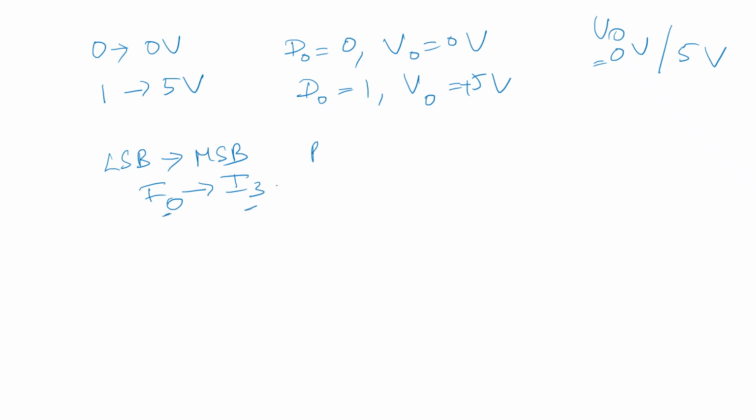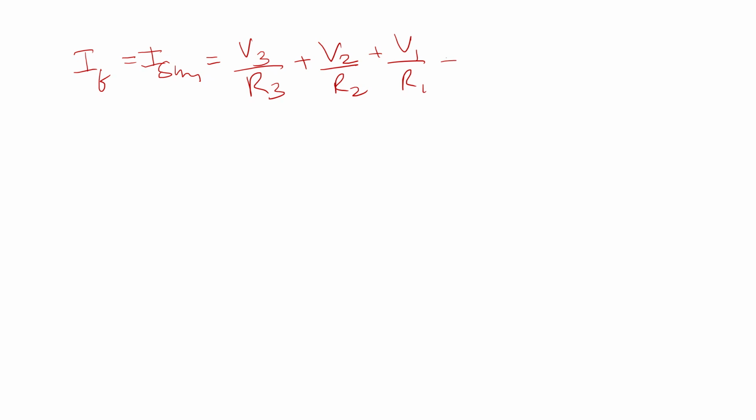To achieve this, R0 is 2 times R1, R1 is equal to 2 R2, and R2 is equal to 2 R3. Now, the RLSB has the largest value while RMSB has the least value.